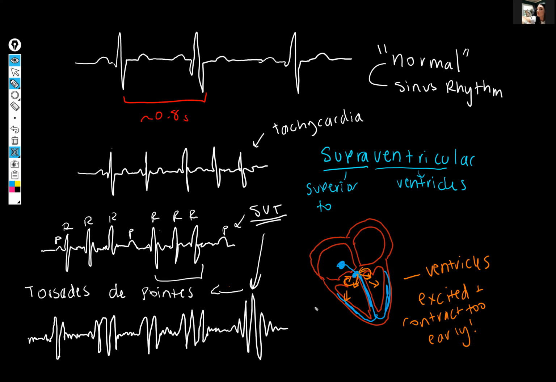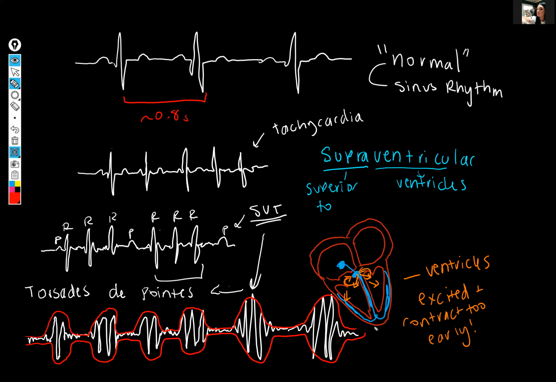And if you were to visually look at that, it looks like if you were to twist up a party streamer, where you have something that's going like this. Right? That's what torsades de pointes refers to, the twisting of the points into this very specific waveform.